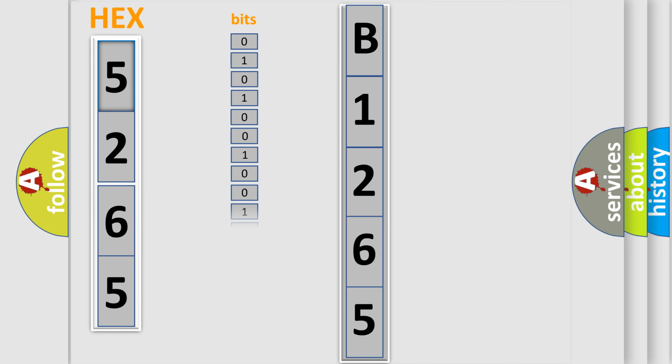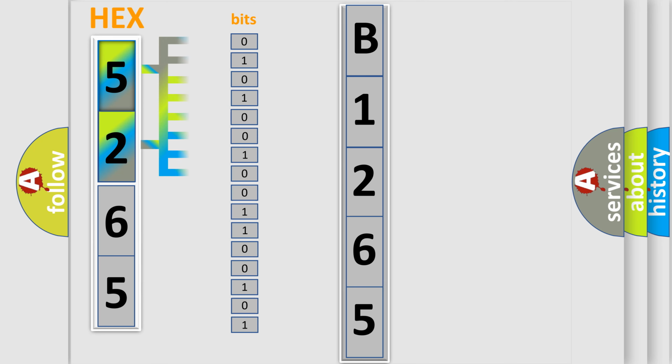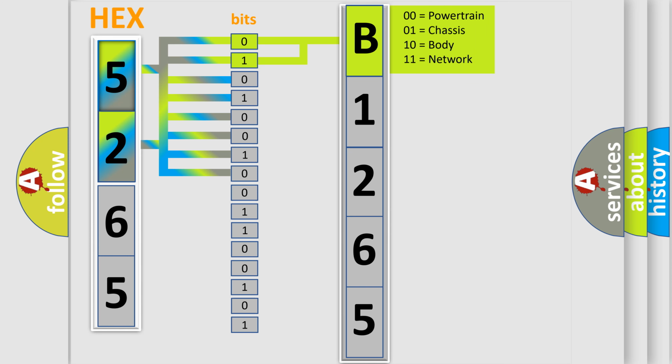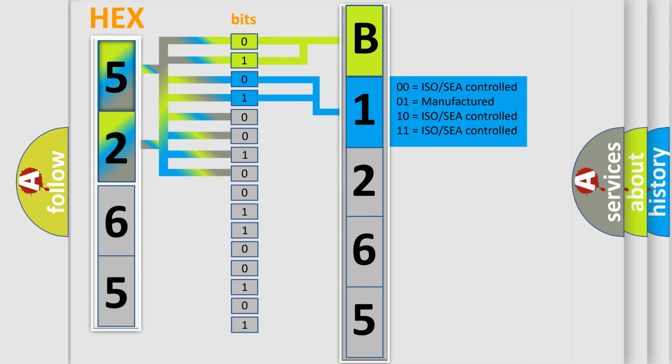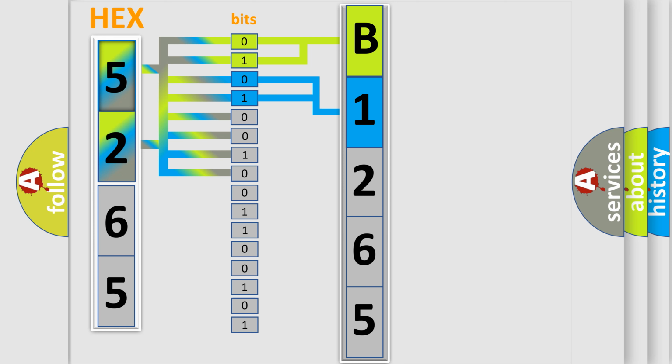The error code is split into 2 bytes consisting of 16 bits. 1 bit is the basic unit that each computer works with. The bit has 2 logical states: 0, low level, and 1, high level. By combining the first 2 bits, the first character of the error code is expressed. The next 2 bits again determine the second character.